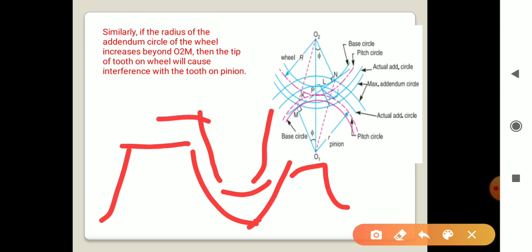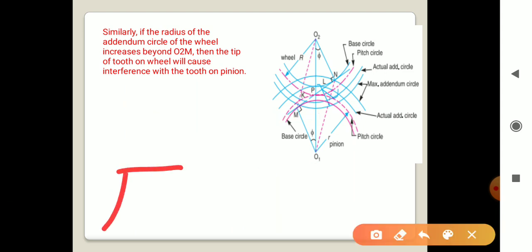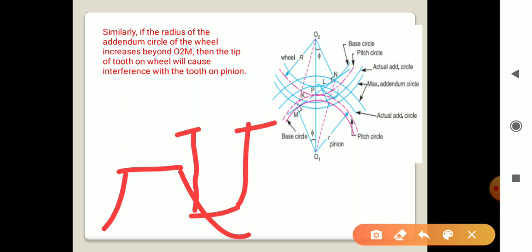This is where engagement and disengagement will be. When interference occurs, mating teeth will be like this: suppose one tooth is here and another tooth meshes like that. So what happens?